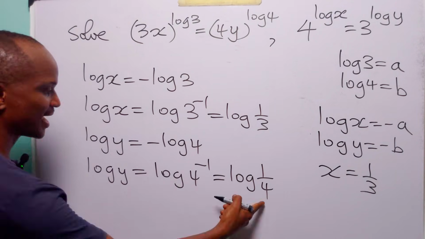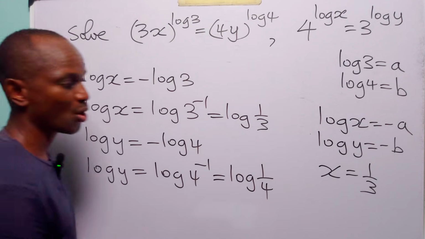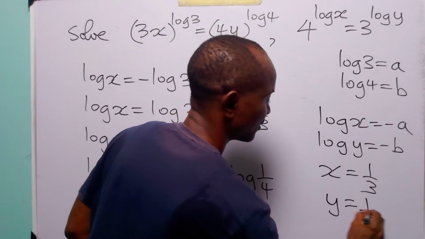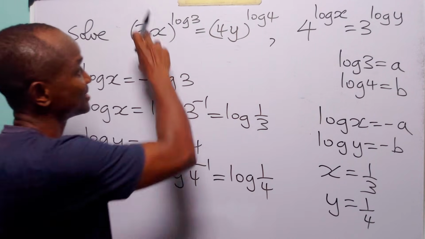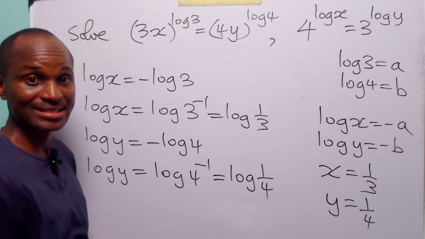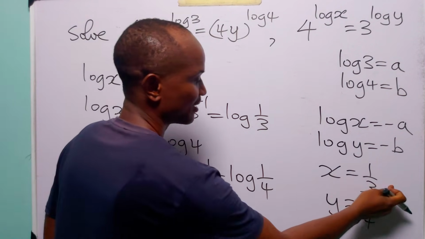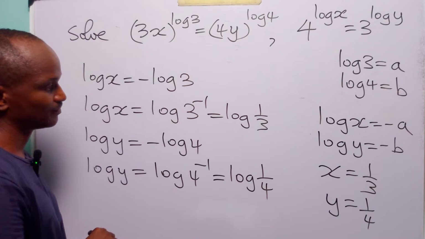Once more, when you compare the two sides of this equation, you're going to see that y is equal to 1 over 4. So the values of x and y that satisfy these two equations simultaneously, that is at the same time, is x equal to 1 over 3 and y equal to 1 over 4.